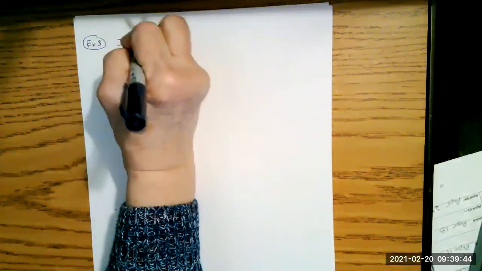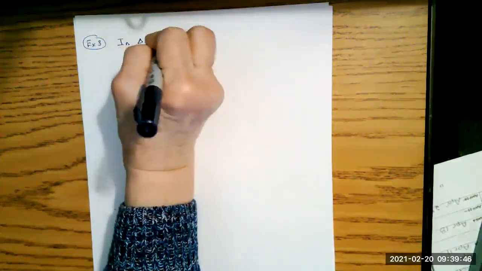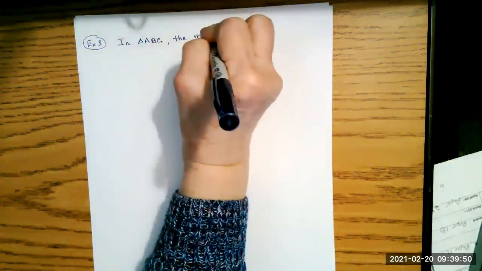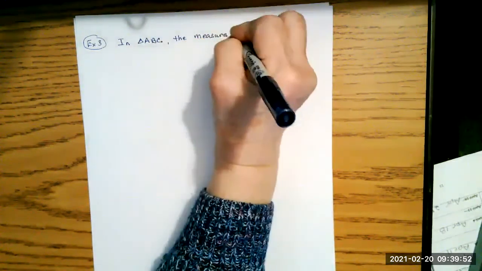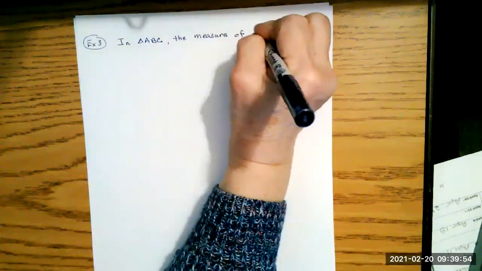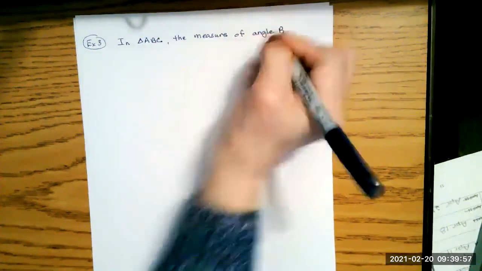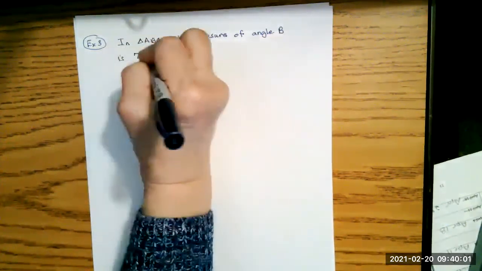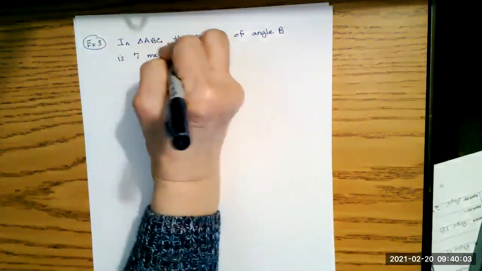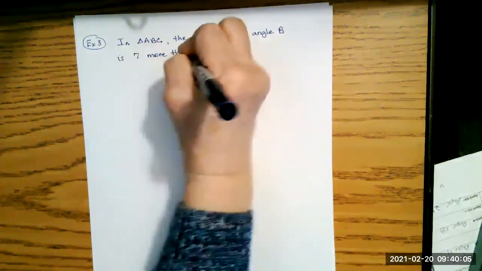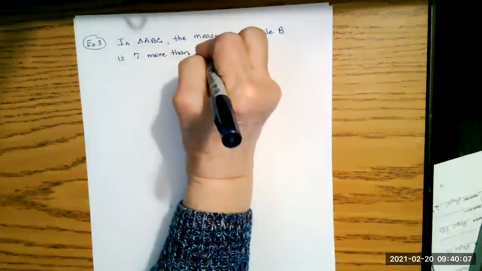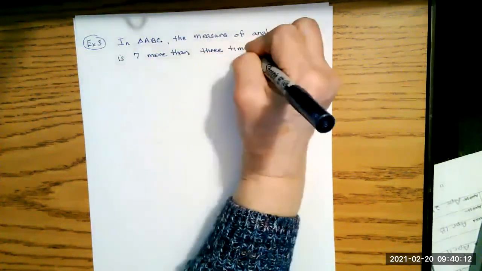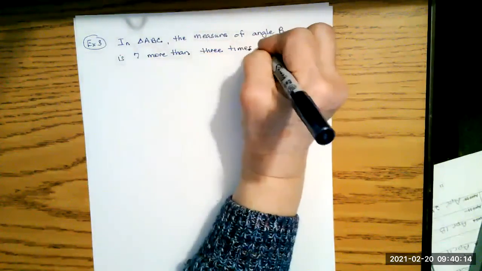In triangle ABC, the measure of angle B is 7 more than, there's one of our reversals, 3 times the measure of angle A.